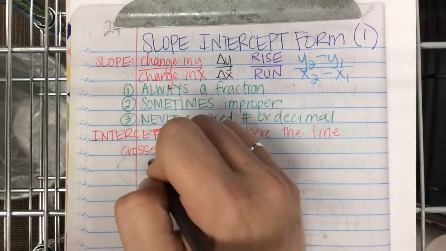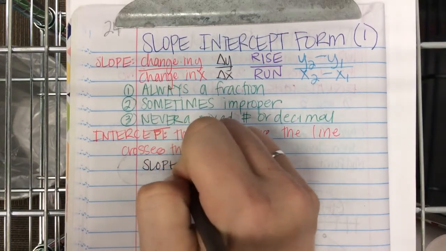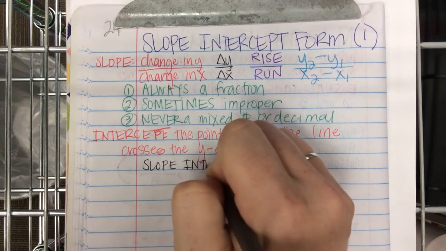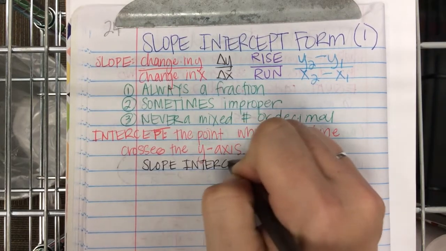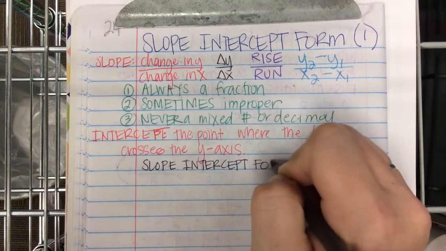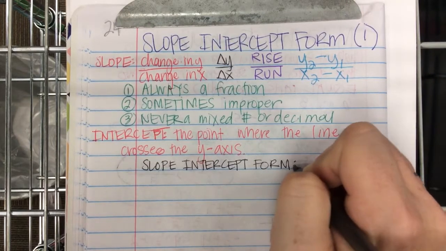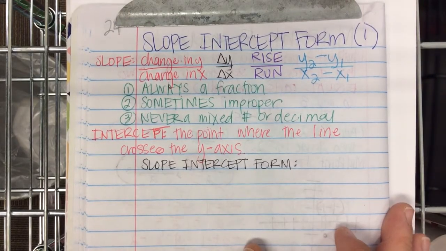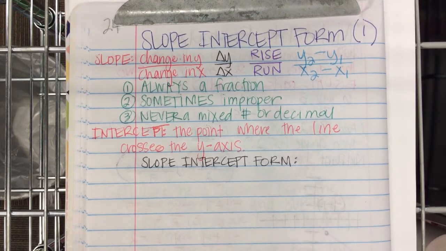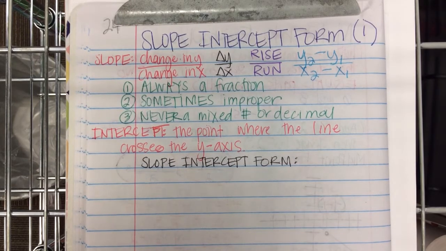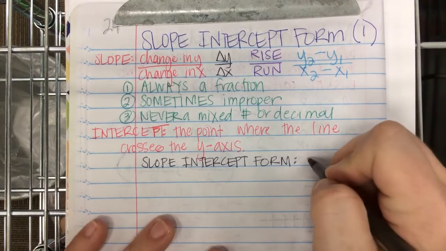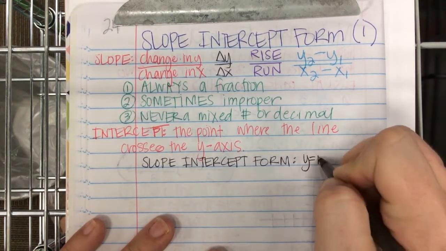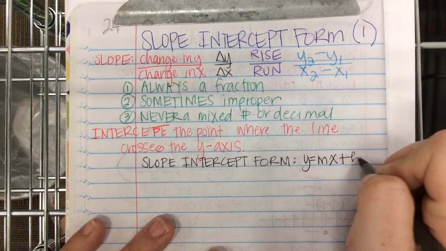So, big deal today. Slope-intercept form. This needs to be committed to memory. If you memorize something this year, this is it. It's a big deal. Y equals mx plus b.